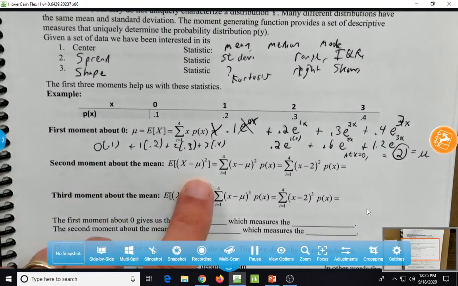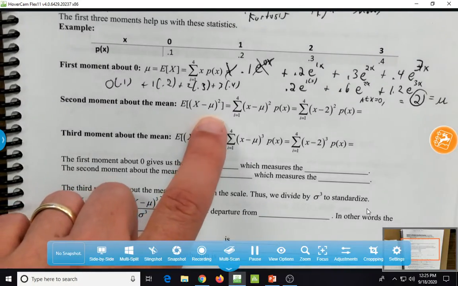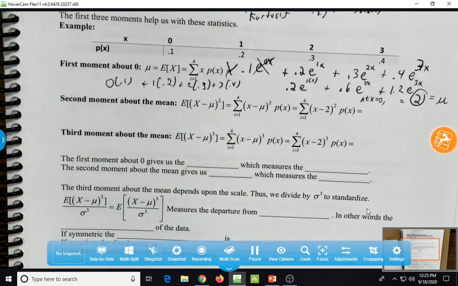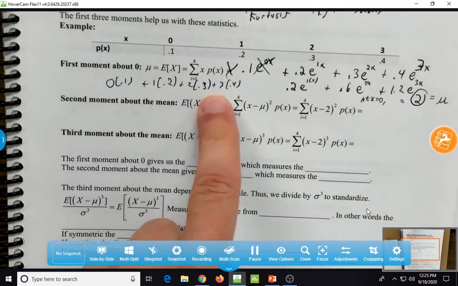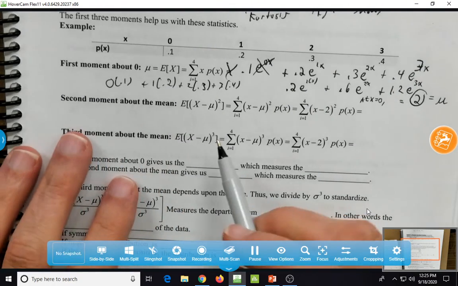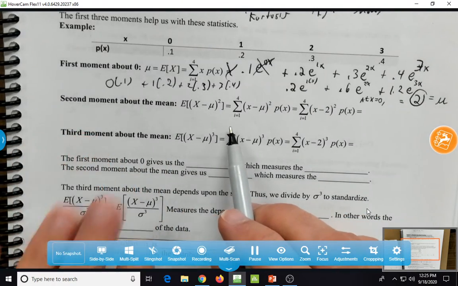So let's do the second moment about the mean, and let's not use the moment generating function. I got too excited. I was so excited to put the moment generating function up here, and really I was just supposed to calculate the mean for you. Let's calculate the second moment about the mean.